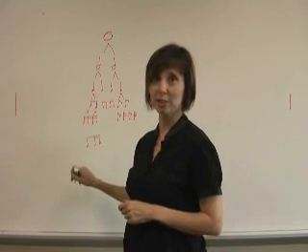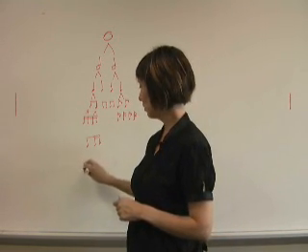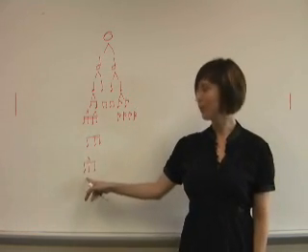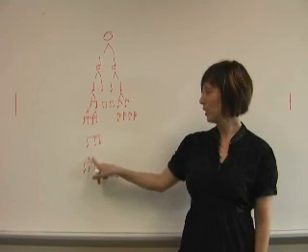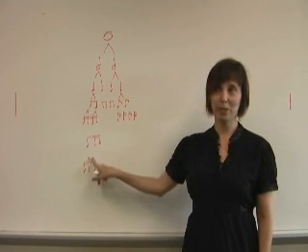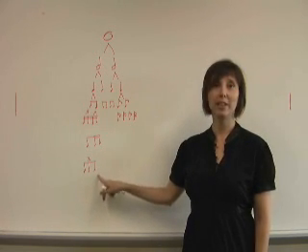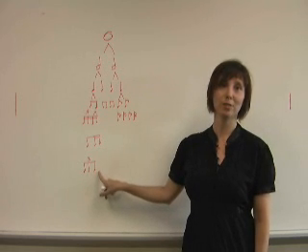A couple other things you might see with the notes. Sometimes you might see something like this. This is a triplet. The 3 above the beam here is an indication that you're going to have 3 8th notes in the amount of time you would normally have 2 8th notes.